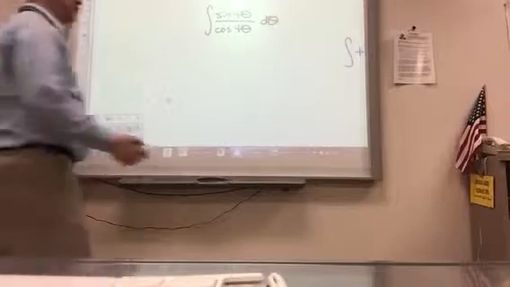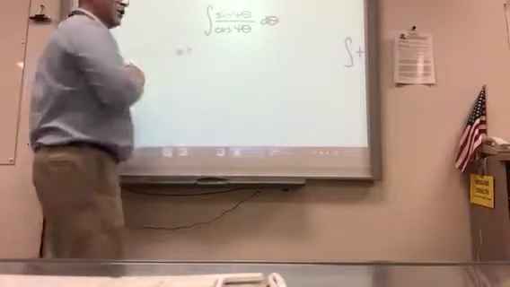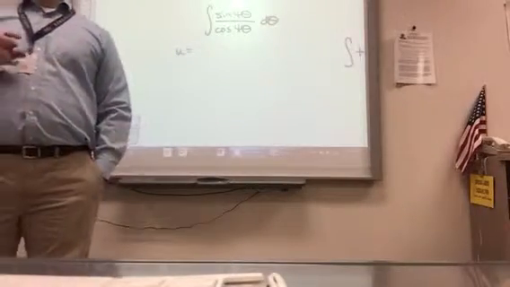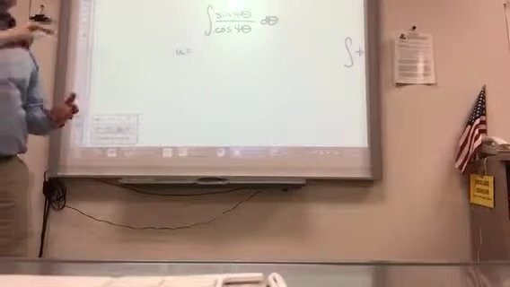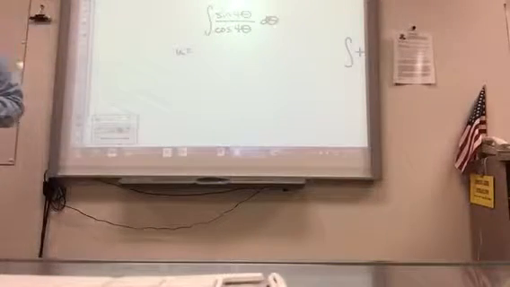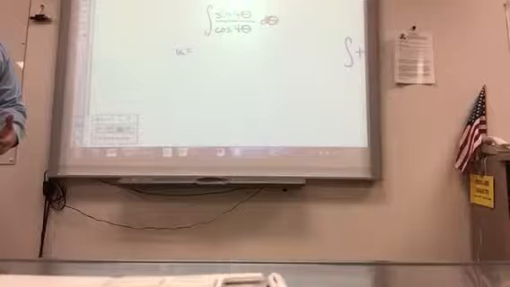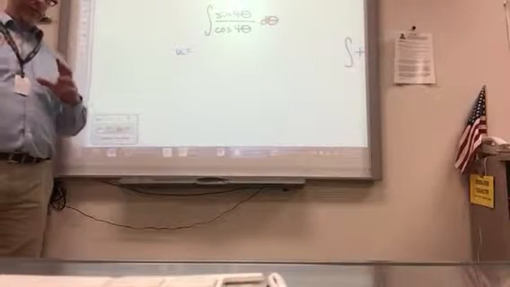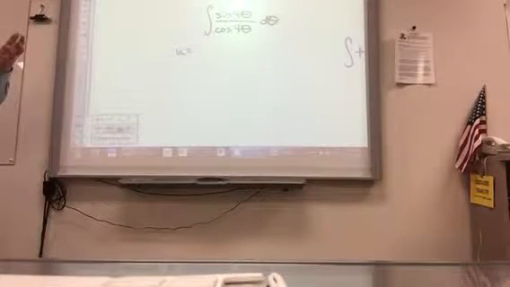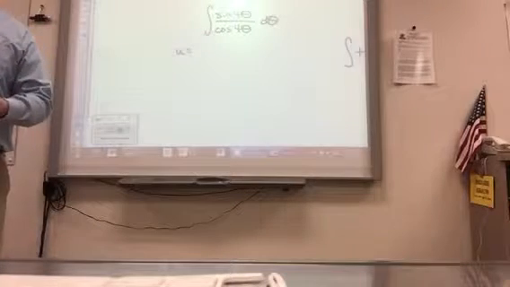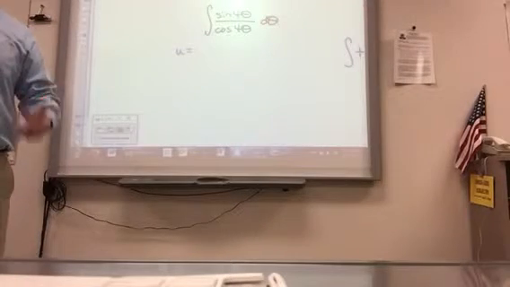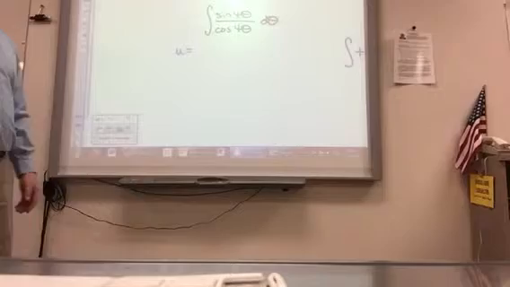Now, here would be a good question. What would you make u be? I've kind of said that if you have some quantity raised to a power, then that's likely u. Now, I should probably clarify that and say, if that quantity is to a power other than 1, that would probably be what you would make u. So what would be the correct choice here?